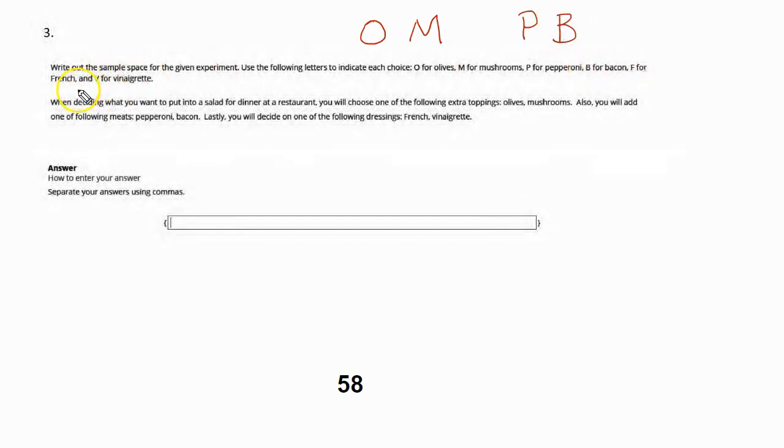And we can also have a choice of French dressing or a vinaigrette. So what would be the sample space, the sample field for combinations? Well, there are 2 here, 2 here, and 2 here. So 2 times 2 times 2, there's going to be 8 possibilities.